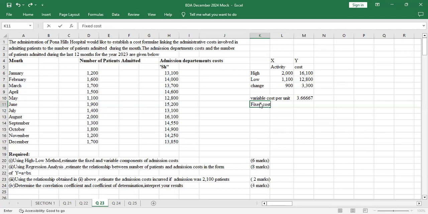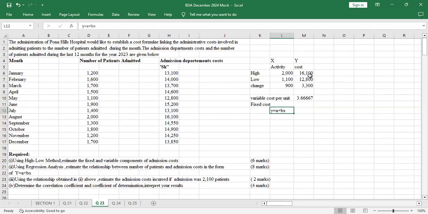We know that in the form of Y, it is equal to A plus BX. We can use the high or the low to get the fixed cost.